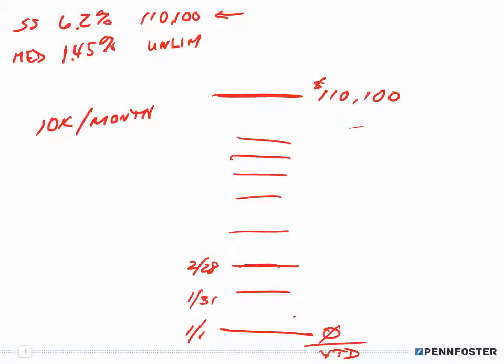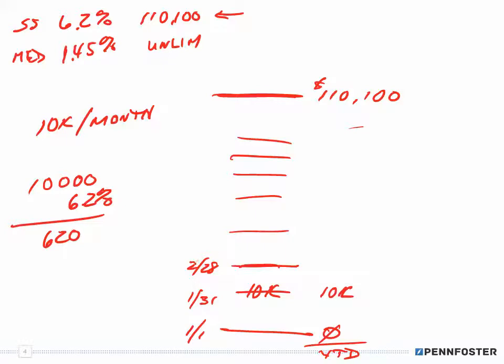Well, on your first paycheck, you're going to be paid the $10,000, okay, and since that $10,000 is less than the $110,000, you're going to pay 6.2% of $10,000, which is $620. You're going to have $620 withheld, okay? And your year-to-date wage on January 31st now is $10,000.